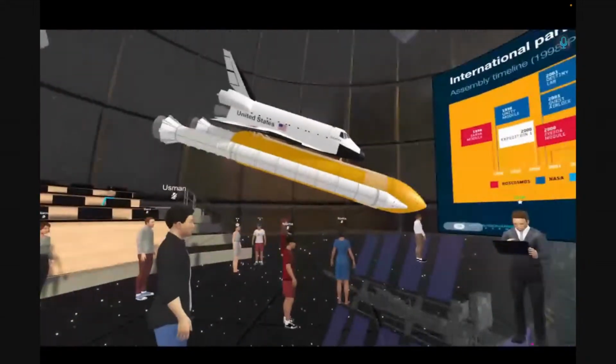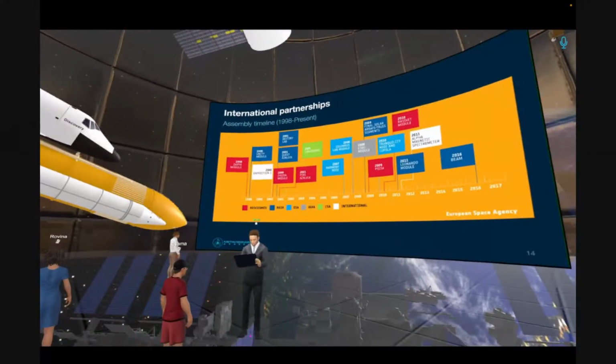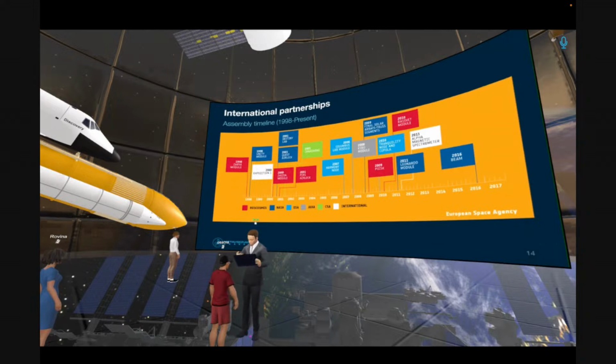And then in blue, we see all the contributions from the US, from NASA. The first contribution in 1998 was the Unity module, and then later the Destiny Lab and the Quest airlock. And then the US made a lot of the truss and the solar arrays and a couple other modules. And then the European Space Agency added the Columbus module and contributed to the Harmony node in 2007 and 2008.